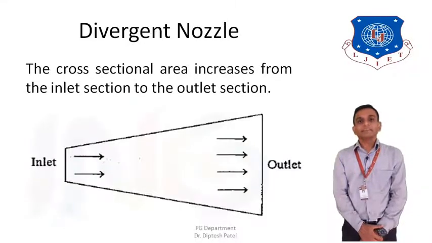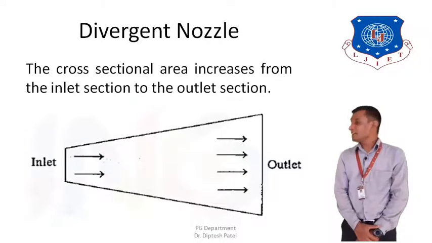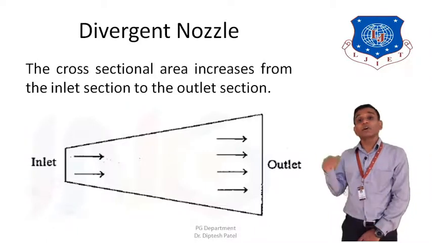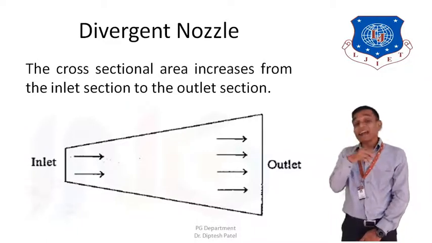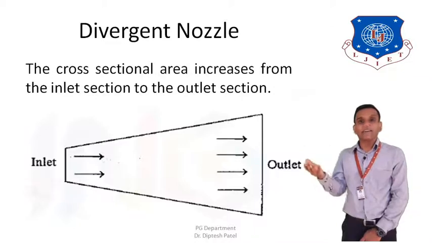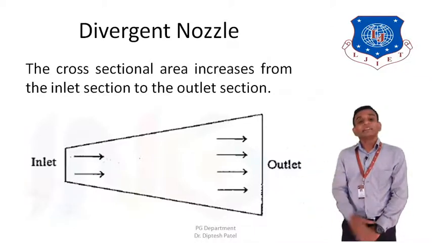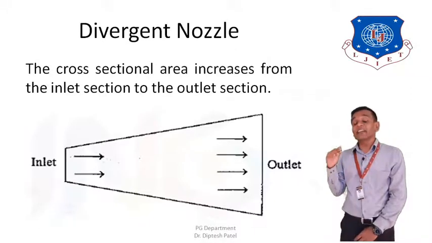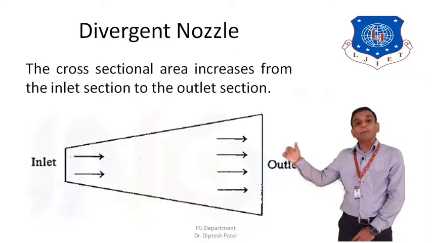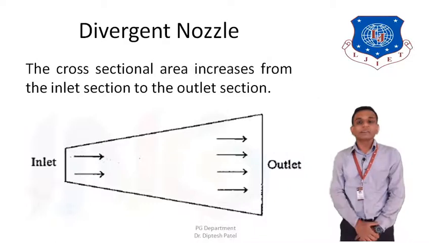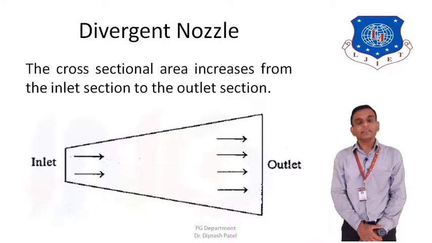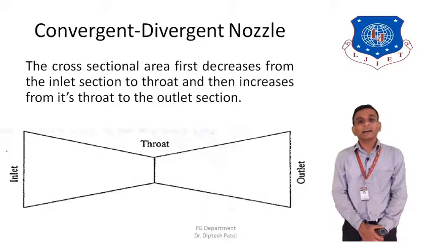The second type is the divergent nozzle. In a divergent nozzle, the cross sectional area at the outlet is higher as compared to the inlet section. In short, the cross sectional area is gradually increasing from inlet to the outlet section.